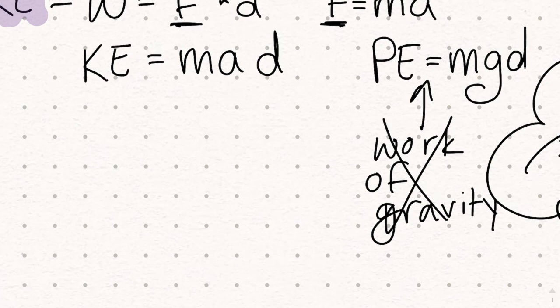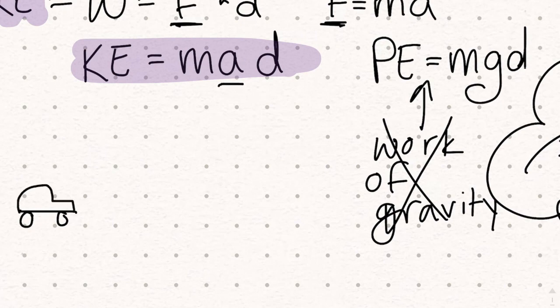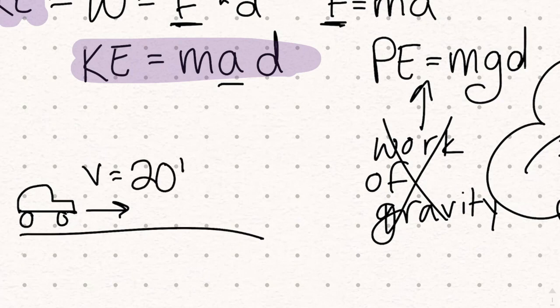All right, so then we're going to say, well, we've got an equation for kinetic energy, right? Are we good? The answer is no, because when an object has kinetic energy, it is not always accelerating. We could have you in your car driving down the highway, let's say you're going 20 meters per second, and you're not speeding up.